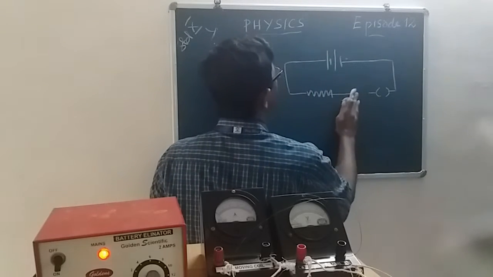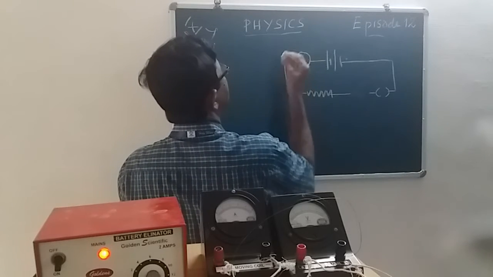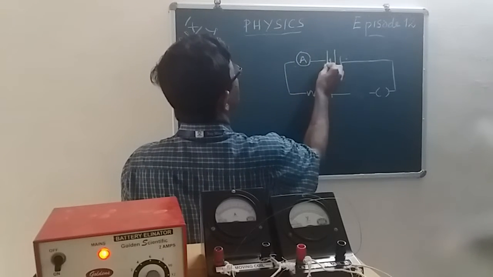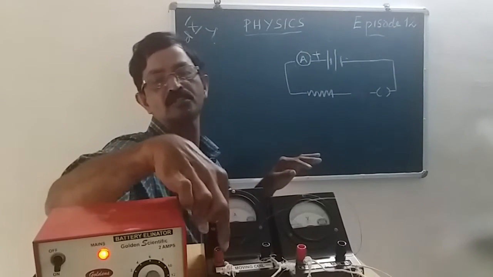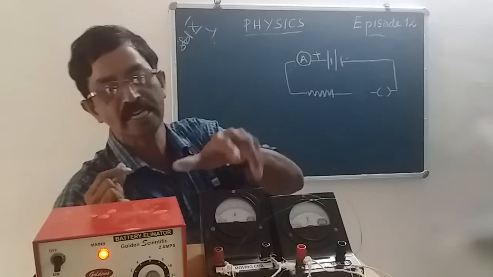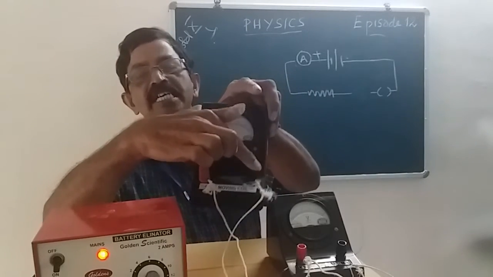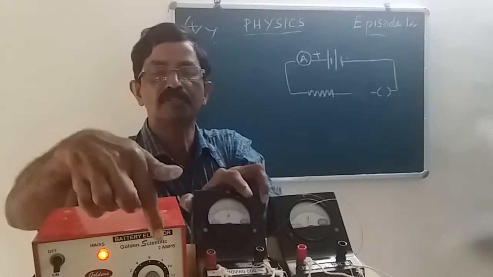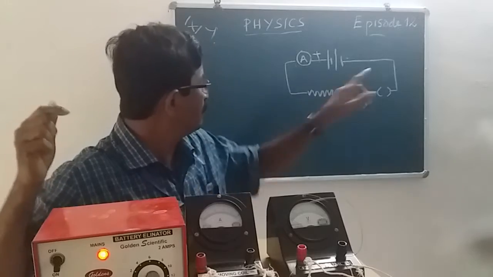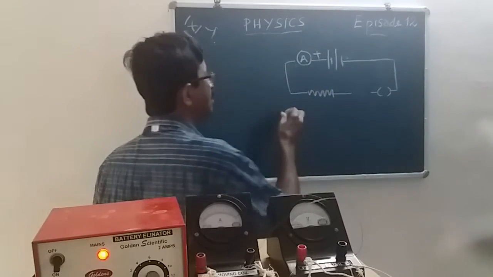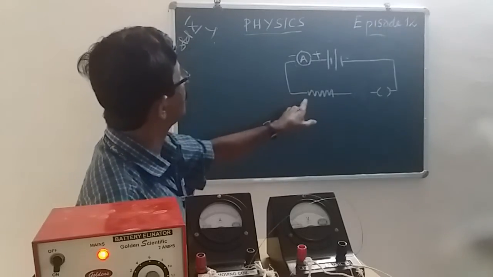The red cap represents positive and black is negative, so from the positive of the battery we connect to the positive of the ammeter, and from its negative we go on.